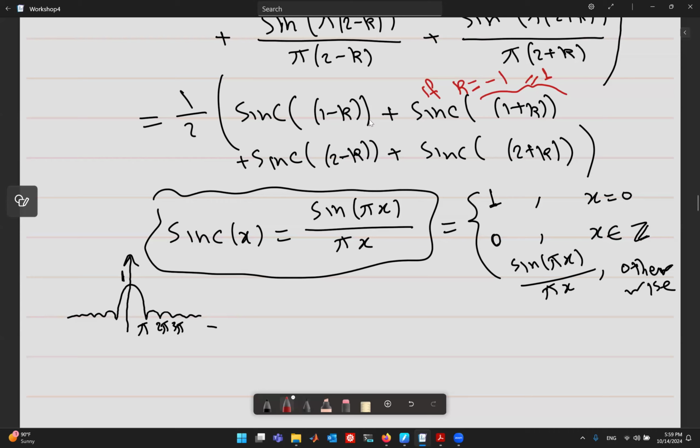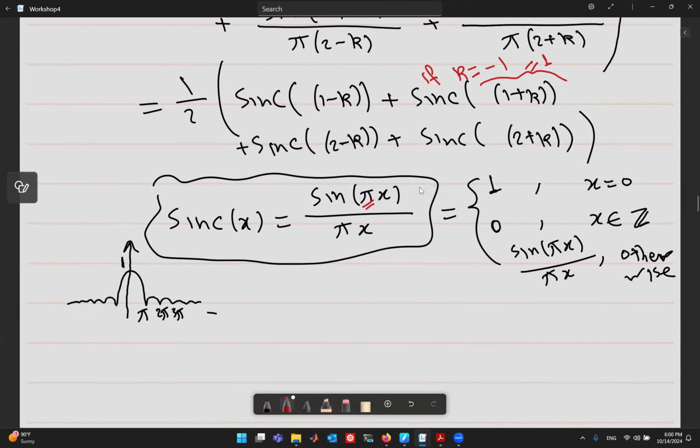So this term will be 1. The rest of the terms will be zeros. So 1 minus 1 will be 2, and this will be 2 minus 1, which is 1, and 2 minus 1 will be 3. So integers. At any integer multiple of pi, the sinc will be 0.